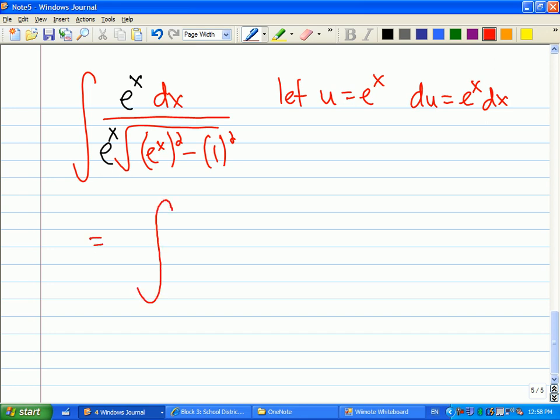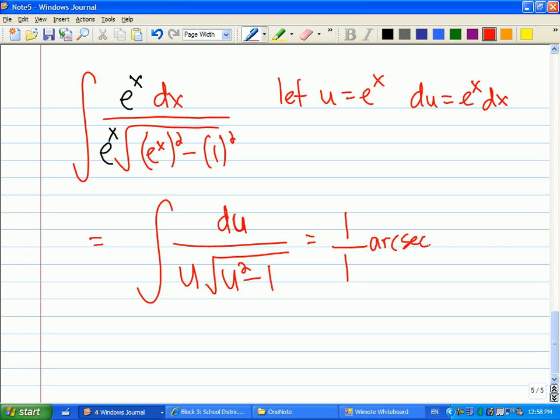I'll now have the integral of du over u root u squared minus 1. So at this point, I can go right into my arc secant. So that's going to be 1 over 1 is my constant.